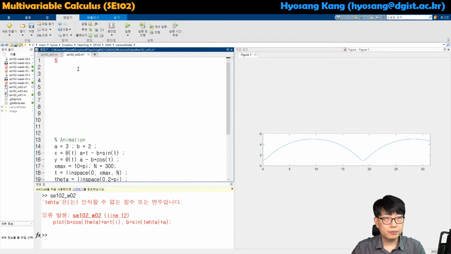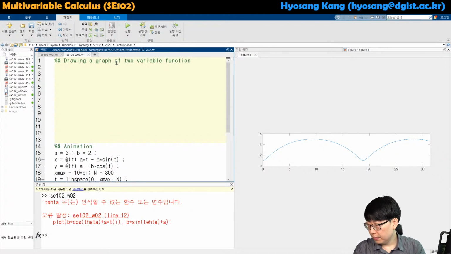All right, so drawing a graph of a two-variable function. For example, let's start from z equals x squared minus y squared.